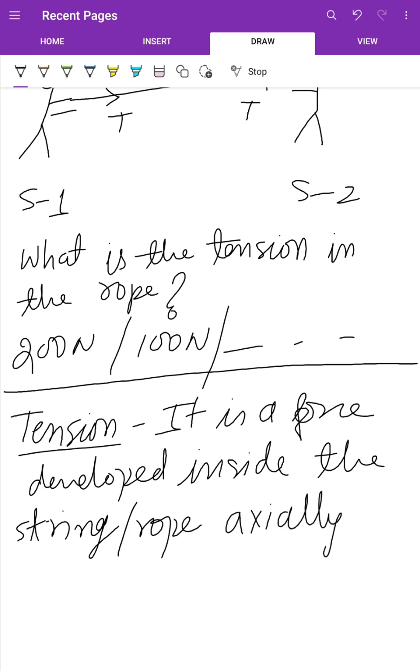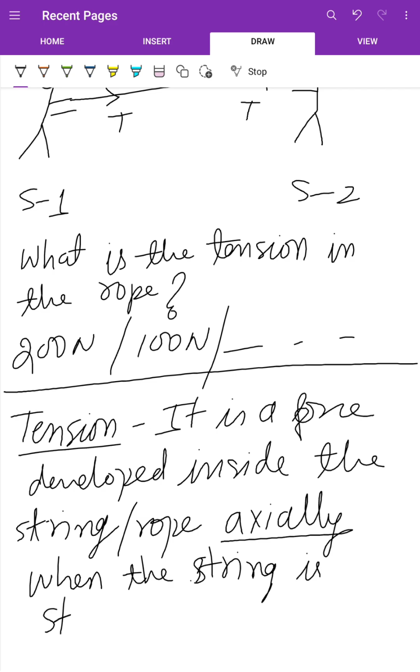Important point, axially, when the string is stretched or taut. When the string is stretched or taut.